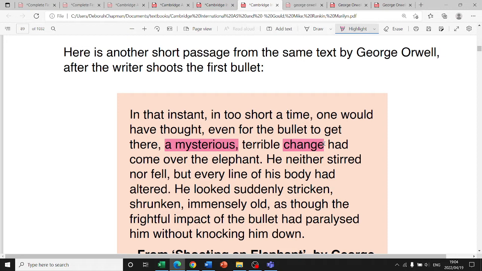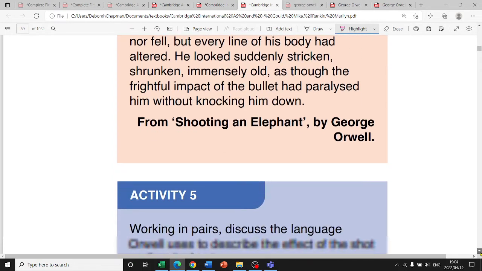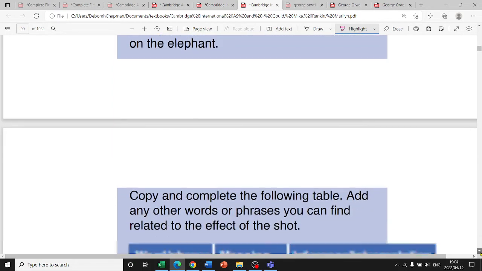Or perhaps mysterious, terrible change? So what is the meaning of the word mysterious? Forget about change, forget about terrible for a second, just think about mysterious.